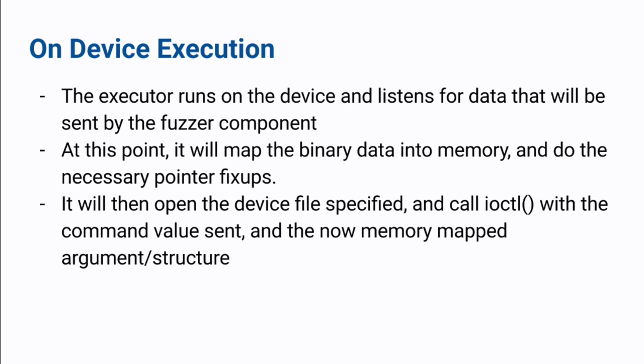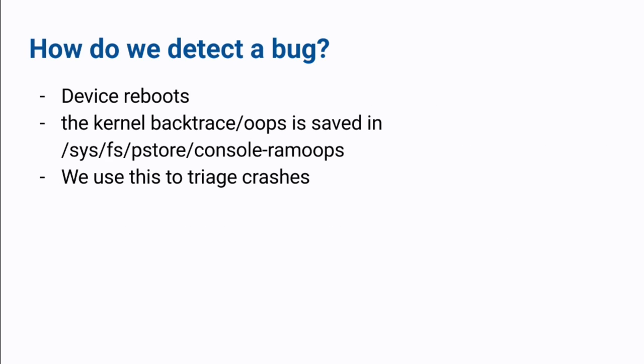maybe triggers some bugs. All right, so when we get to actual fuzzing, it's pretty simple to look for bugs. On Android, if you crash the kernel, the device will reboot, and you'll hear a nice beep or something as it's rebooting, letting you know that you might have found something good. Then the kernel backtrace or oops is saved in sysfs pstore console ram oops, and you can look there to use that for triaging.